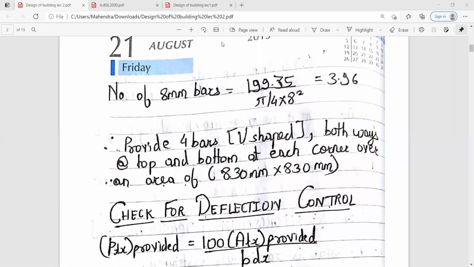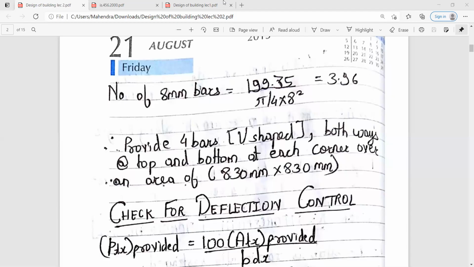Everybody had got the number of bars as 4. Should I proceed for the further step? Yes, done. Reply.